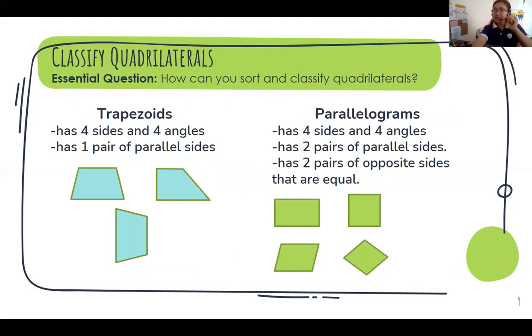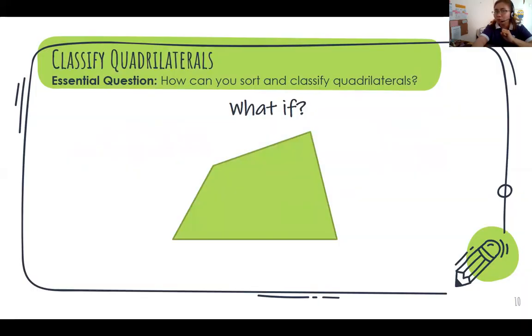Now, always take note that because it has two pairs of parallel sides, a domino effect would be that there would be two pairs of opposite sides that are equal to each other as well. Now, what if you are given this kind of quadrilateral? What do we call it?